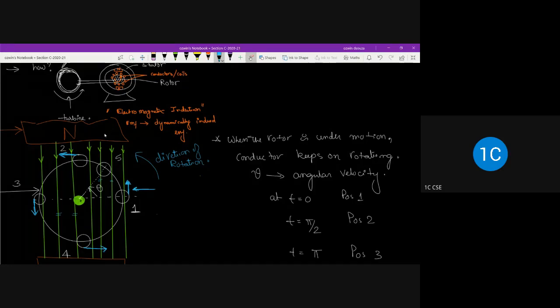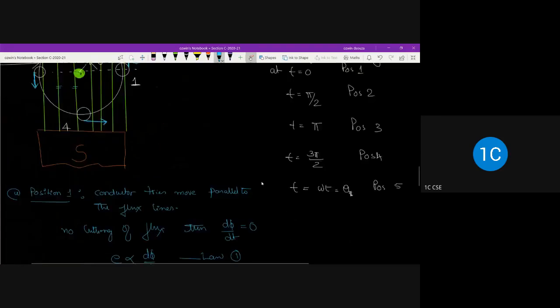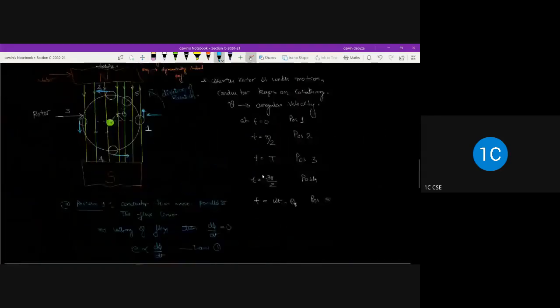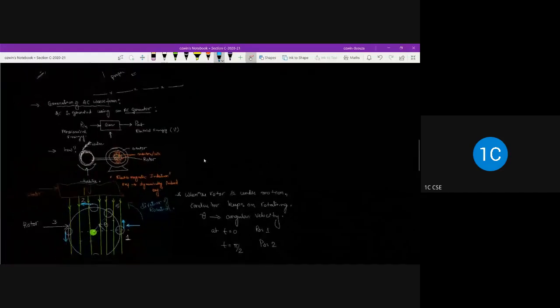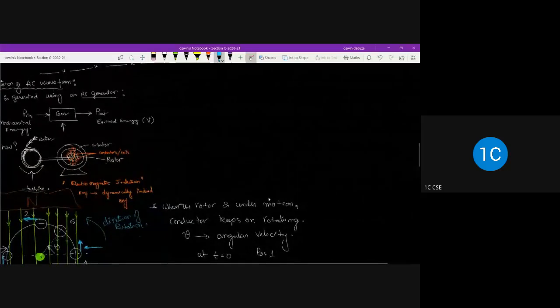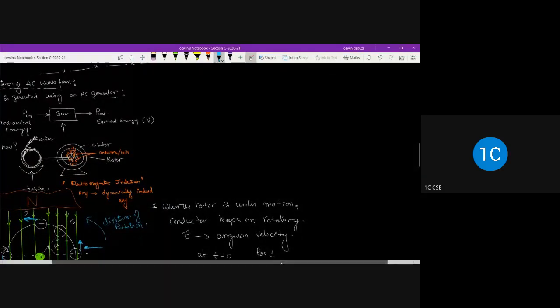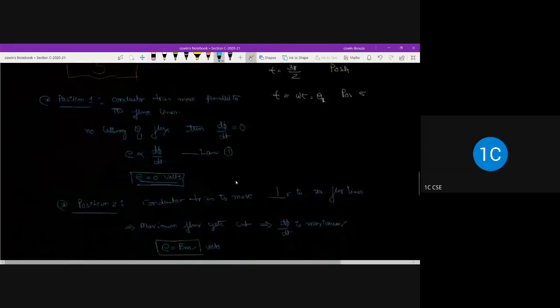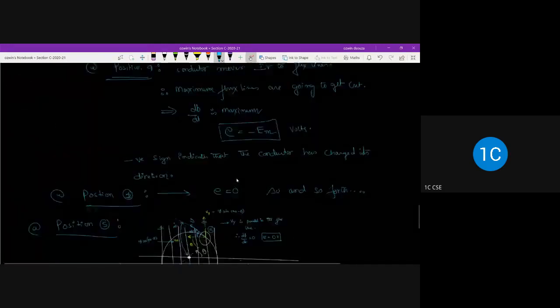So if either one of these is rotating, then we will have a physical motion. And the moment we have a physical motion, the resultant induced EMF we are going to call a dynamically induced EMF. So this is generation of AC waveform. Is it understood, or do you have any doubts?